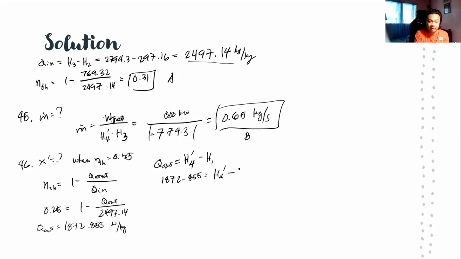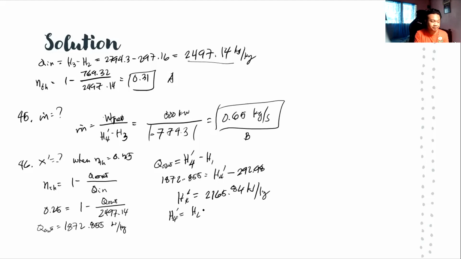And then we have 292.98. So get H4 by difference, or add that to the Q out. That's 2165.84 kilojoules per kilogram.